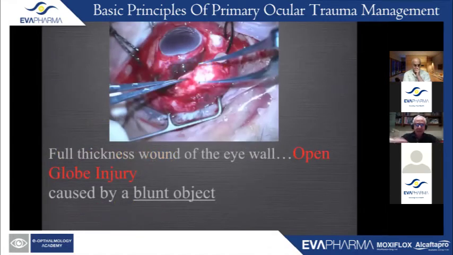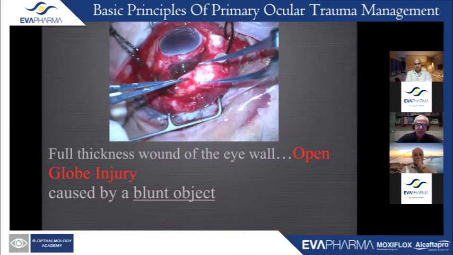So let's go quickly through the different types. This is a quick summary. If you have a full thickness wound of the eye, breaching the eye wall, which is an open eye injury caused by a blunt object, so you had a blunt, very severe injury which has caused an open eye injury, we call that a ruptured globe.